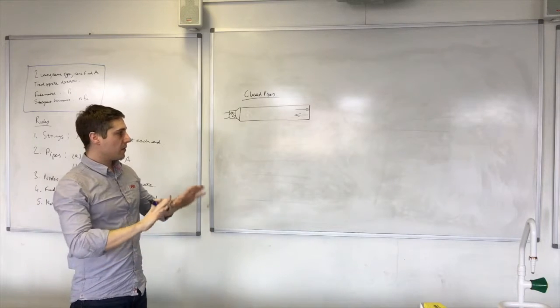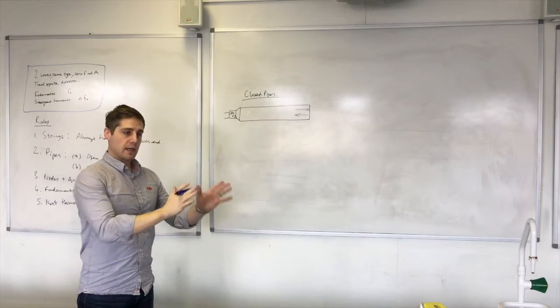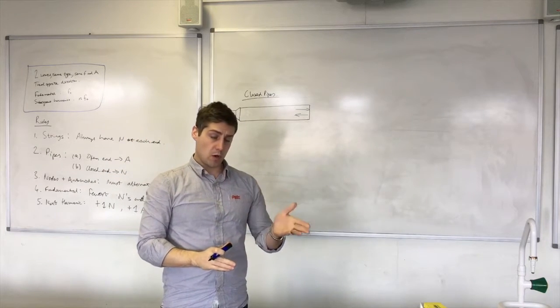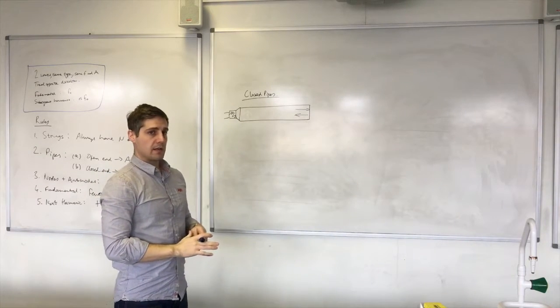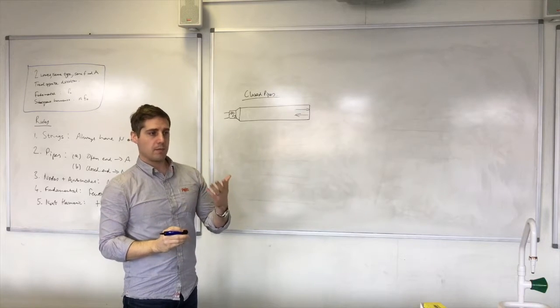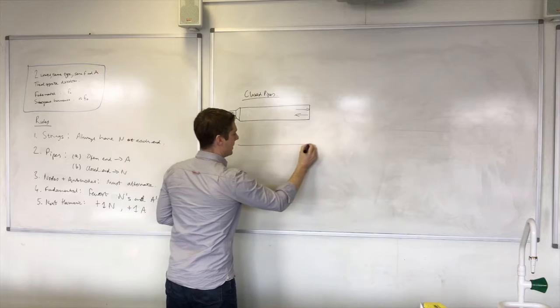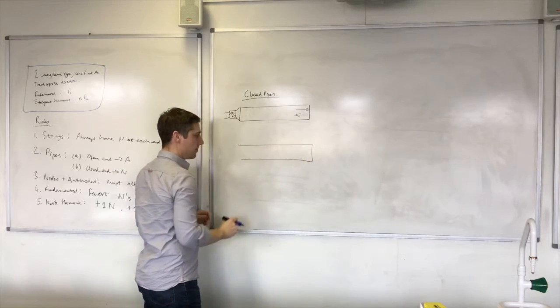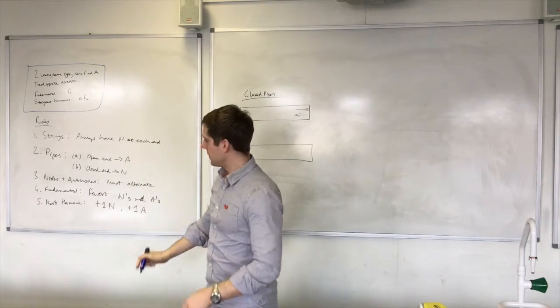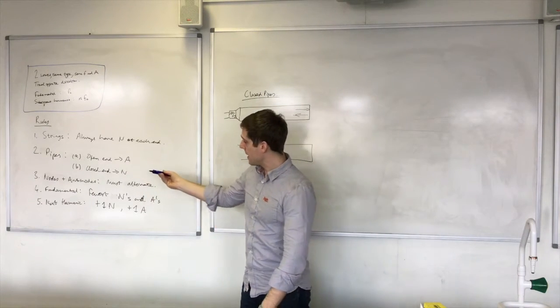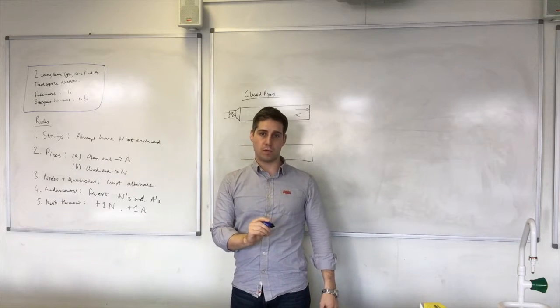Now this one does not follow the same trend as we've seen with the strings and open pipes. So this one is more prone to catch people out, I suppose you could say. Let's have a look at what happens. So we've said that if I have an open end, I'll have an antinode form there, and if I have a closed end, a node will form there.